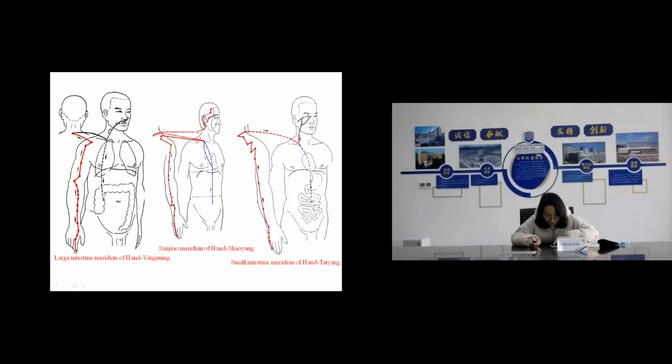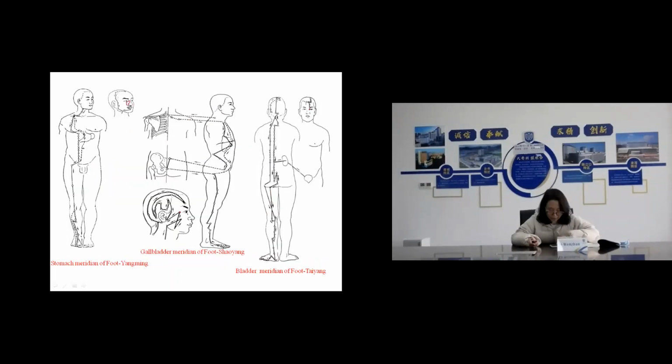Then the small intestine meridian of hand, Tai Yang. Here is a picture of the yang meridians of the foot. First one is the stomach meridian of foot, Yang Ming. Then the gallbladder meridian of Shao Yang on the lateral side, and the bladder meridian of foot Tai Yang on the back, on the posterior side of the body.